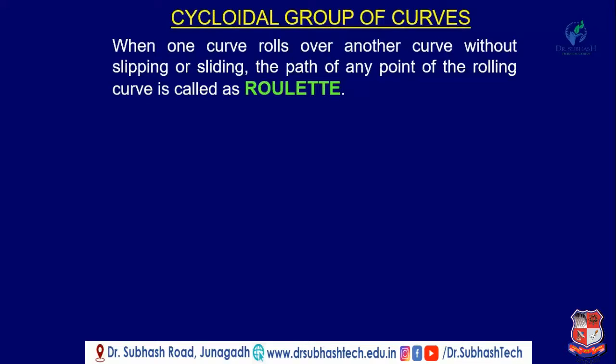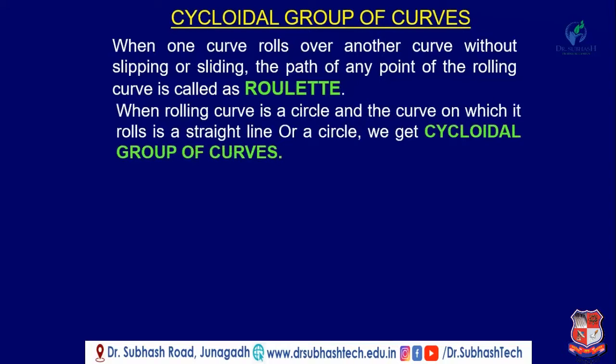In the cycloidal group of curves, when one curve rolls over another curve without slipping or sliding, the path of any point of the rolling curve is called a volute. When the rolling curve is a circle and the curve on which it rolls is a straight line or a circle, we get a cycloidal group of curve.